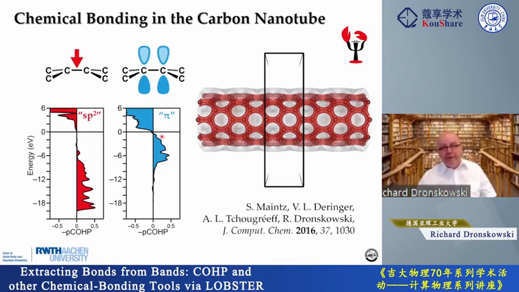And the pi bonding is somewhat higher, as expected from quantum chemistry. And there's also a very small antibonding peak here. So this is as expected from quantum chemistry of carbon molecules, but now done for a carbon nanotube.